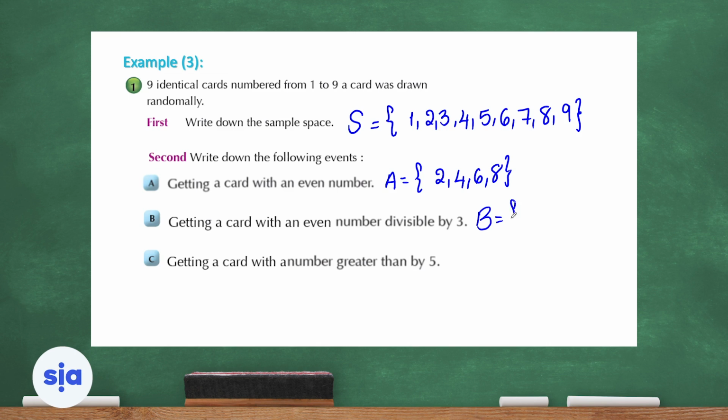So an even number divisible by 3, it's only 6. C, a card with a number greater than 5. So C, greater than 5, are the numbers 6, 7, 8, and 9.